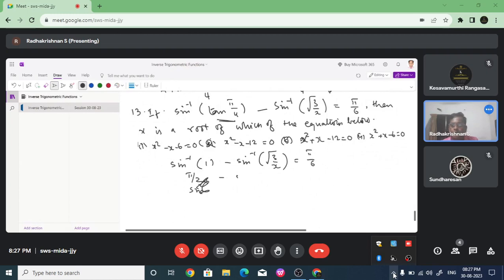Sir, will only pi by 2 come? Yes, because sine inverse is a function, it maps to only one value, ranging from minus pi by 2 to plus pi by 2. So it has to be one value from that range.